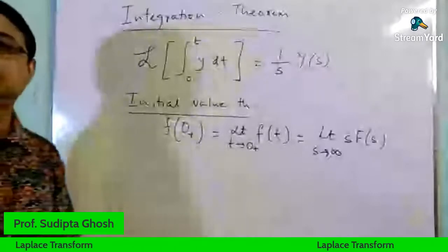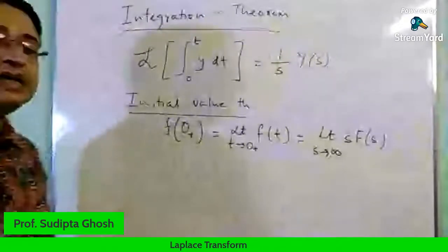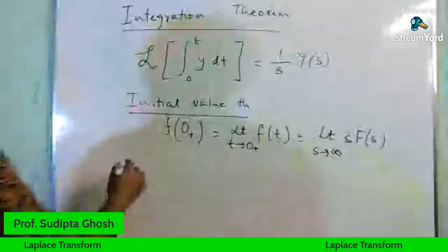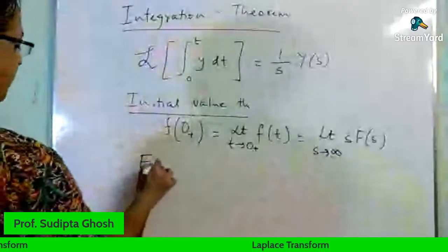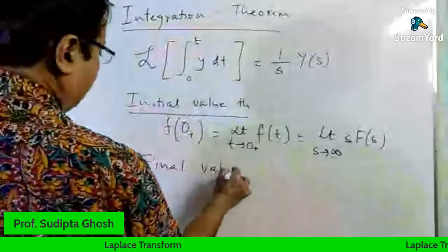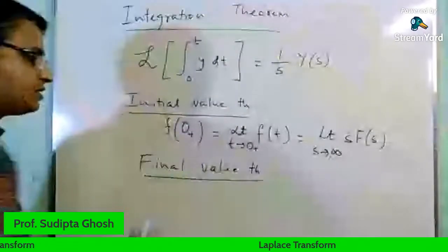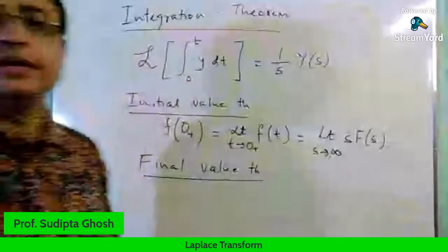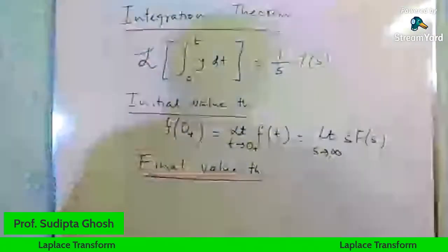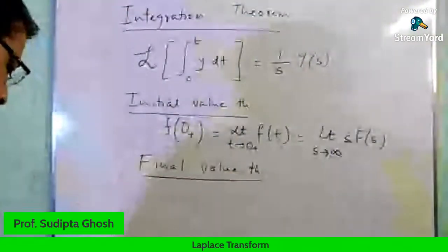And the last theorem: since there is an initial value theorem, there must exist a final value theorem. You may connect these theorem names with circuit theory. There are initial values and final values in any circuit.